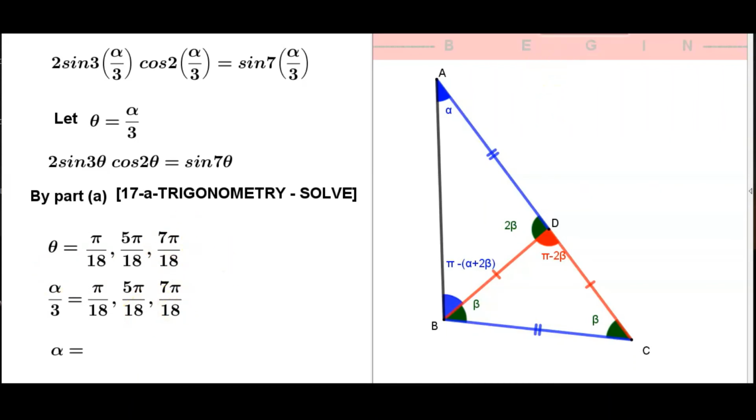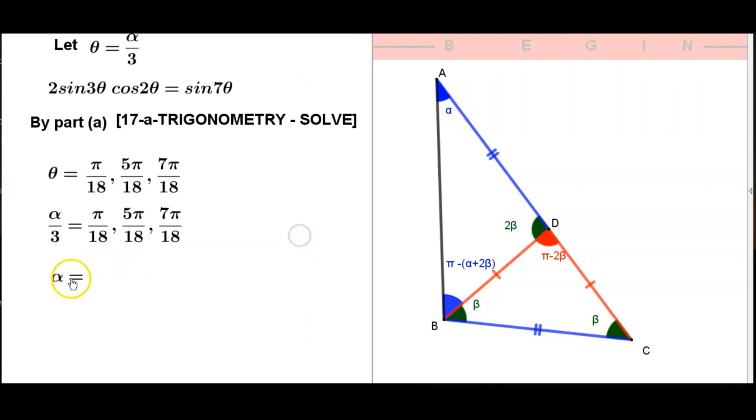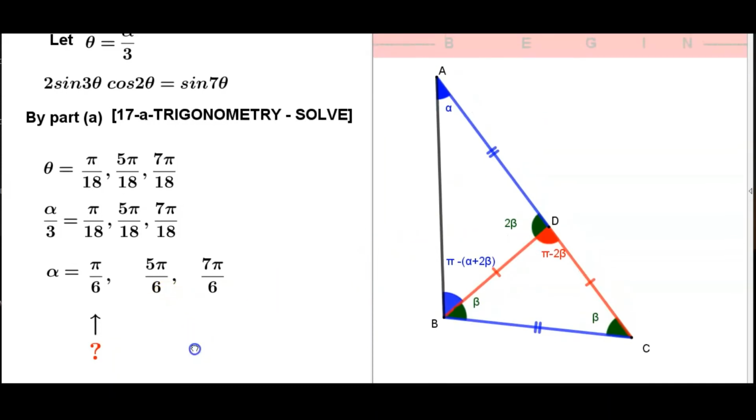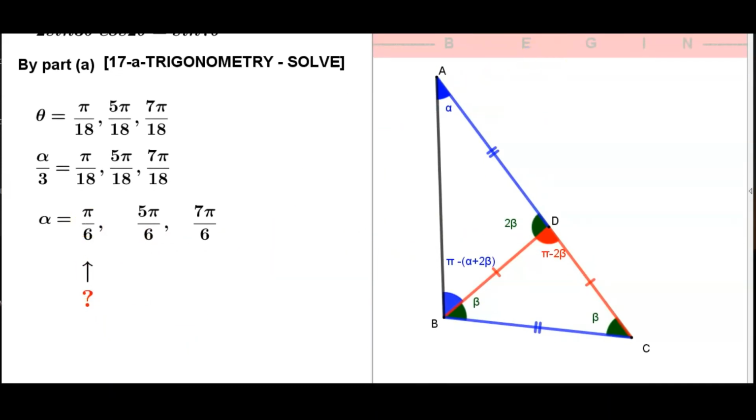Therefore alpha is equal to, multiplying by 3, pi over 6, 5 pi over 6 or 7 pi over 6. Here pi over 6 is the acute angle. 5 pi over 6 and 7 pi over 6 are obtuse angles.